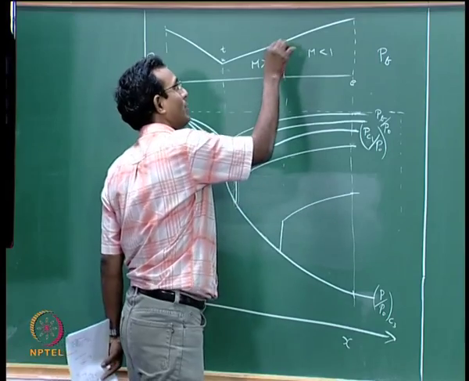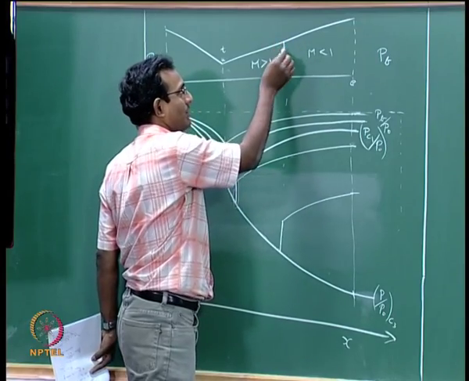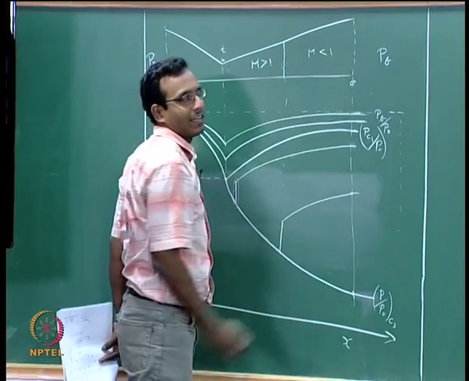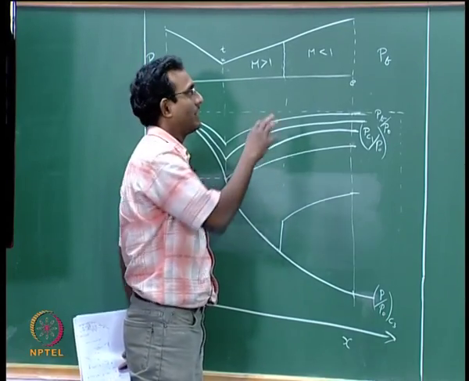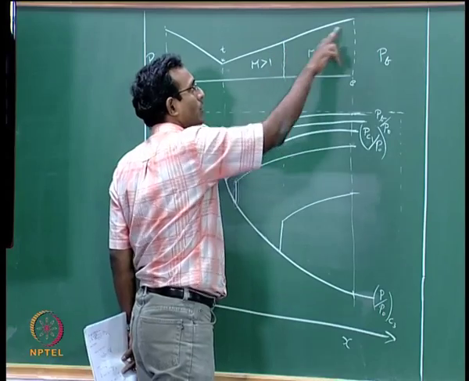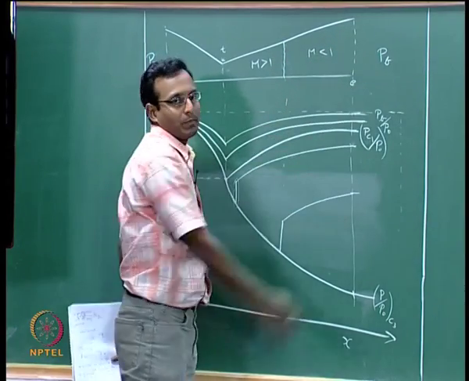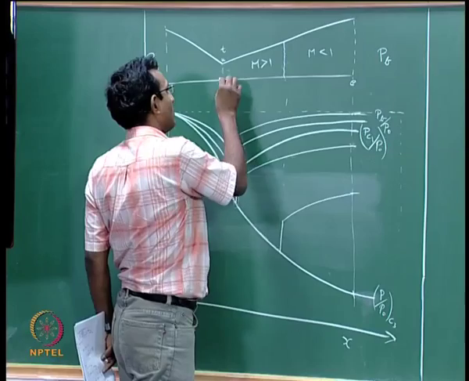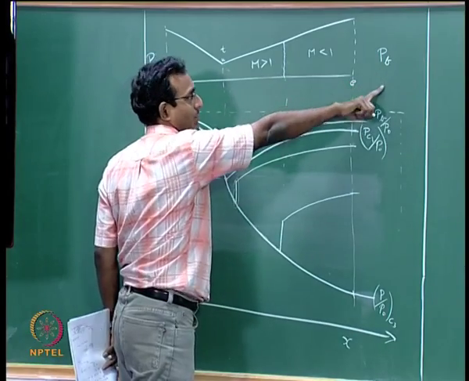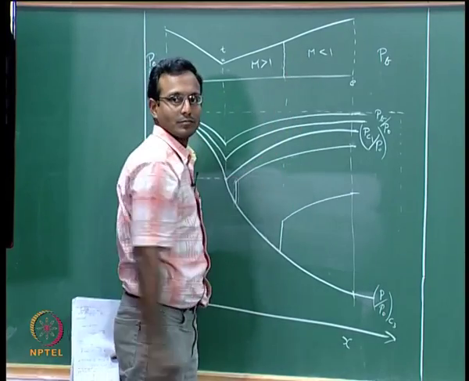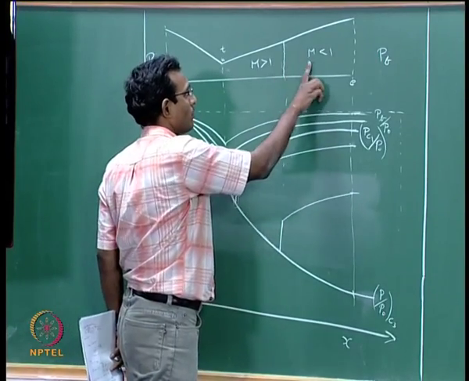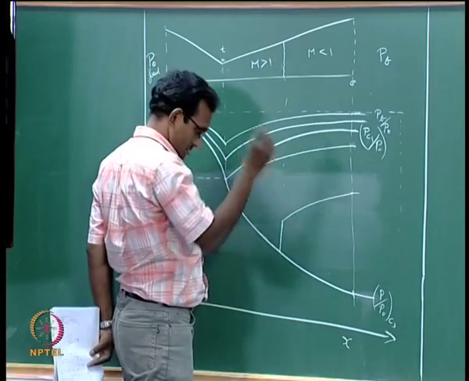And once we know that it is subsonic, after that the diverging flow will decrease Mach number, further increase pressure and go to meet the correct PB value. If I decrease the pressure further, then the shock goes more out. What does that mean?